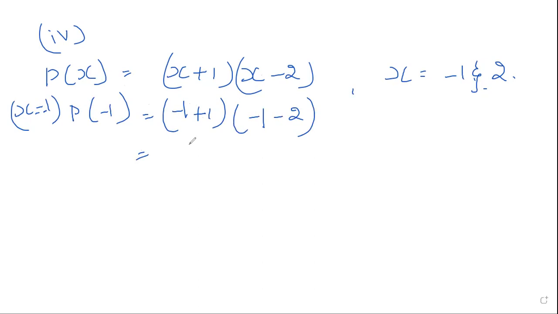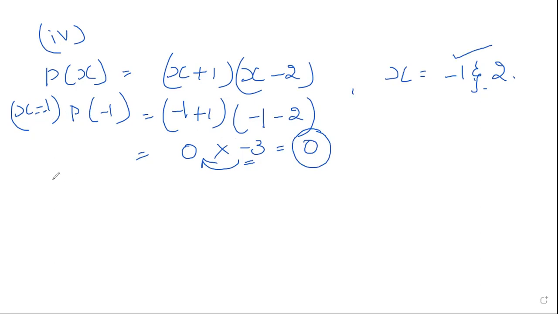Minus 1 plus 1, it is 0, right? Into, what is minus 1 minus 2? Both are negative numbers, so you have to add. So minus 1 minus 2, that is minus 3. But minus 3 into 0 is 0. Yes, we are getting 0 answer. The value of minus 1 is making the equation 0. It is the 0 of the polynomial.